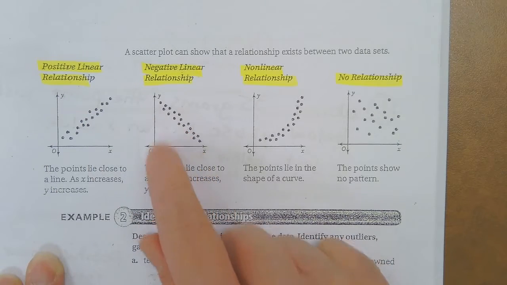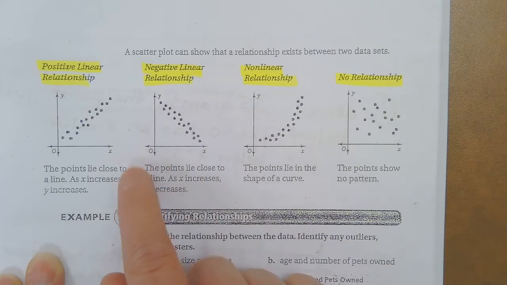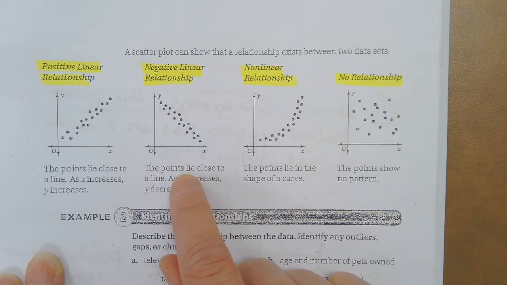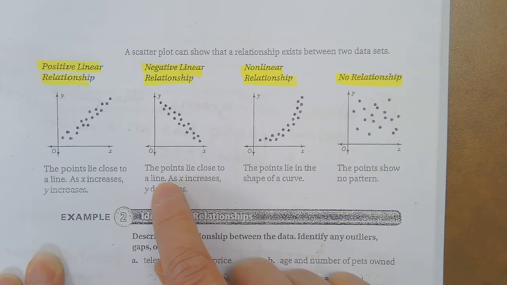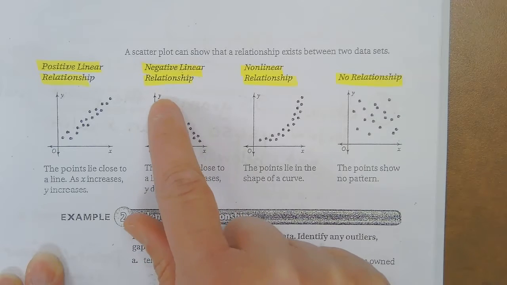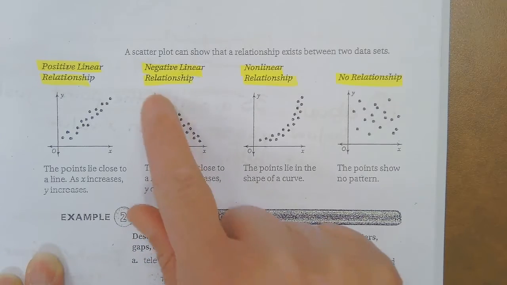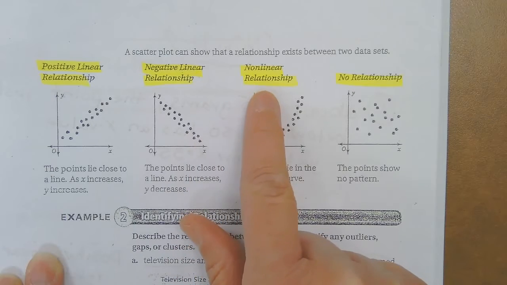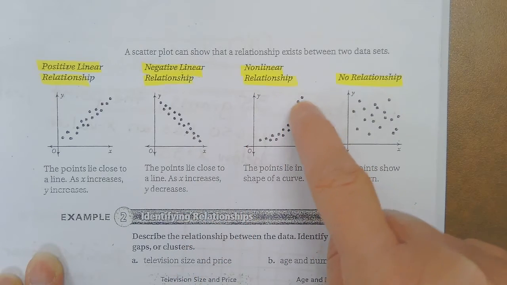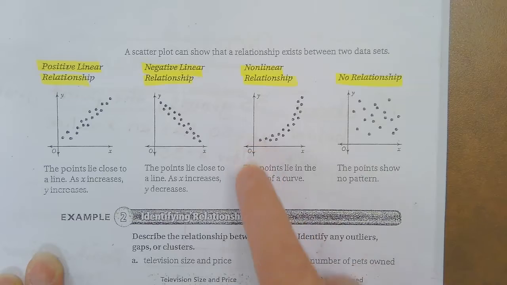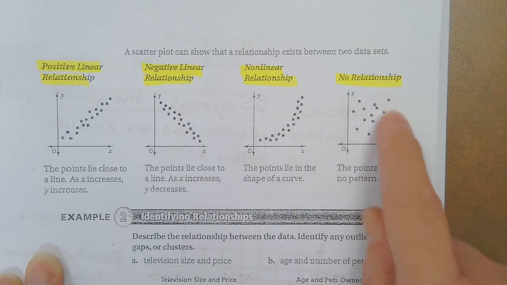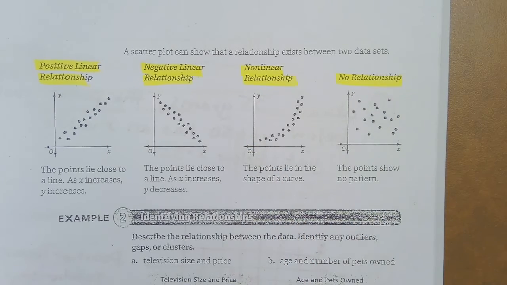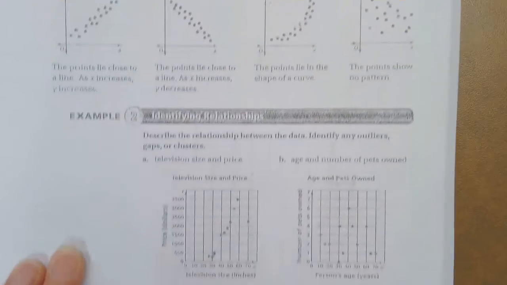A negative linear relationship is when the points lie close to a line, and as the x increases, the y decreases. Okay, so it's going downward. A nonlinear relationship is if it's curved, okay, or in a shape other than a line. And no relationship at all is when they're all scattered apart, and we talked about those yesterday.